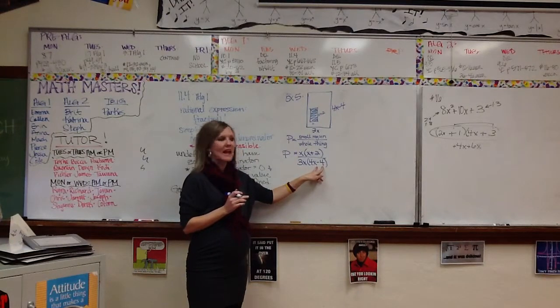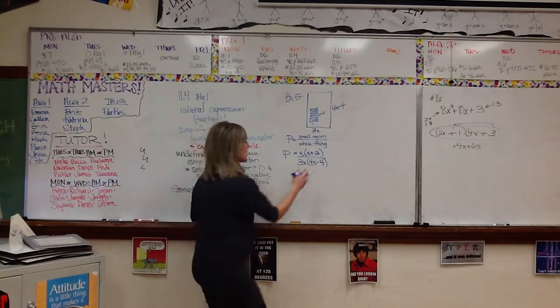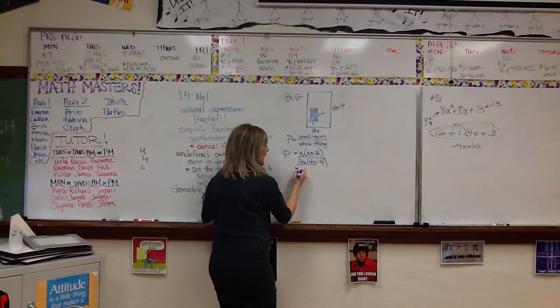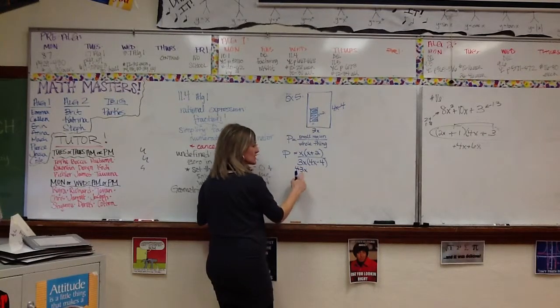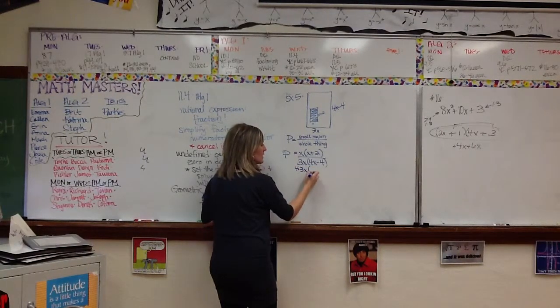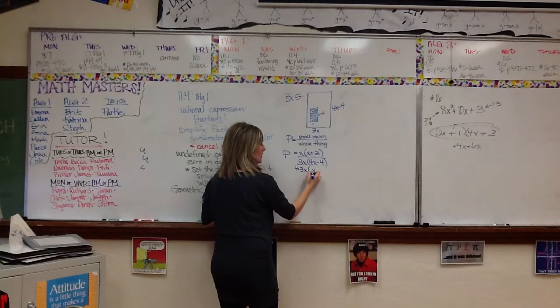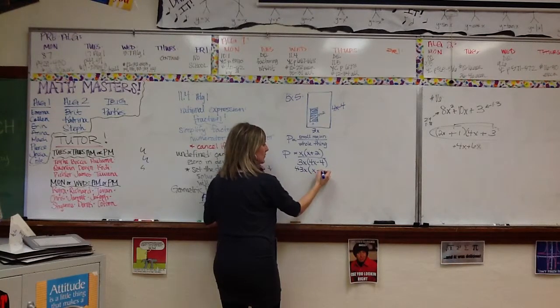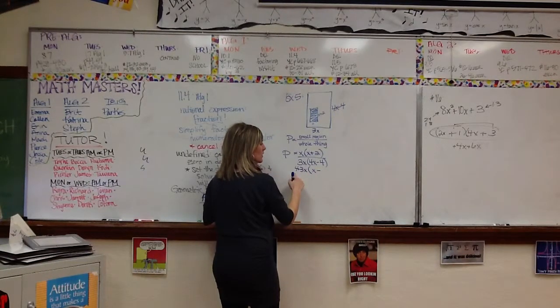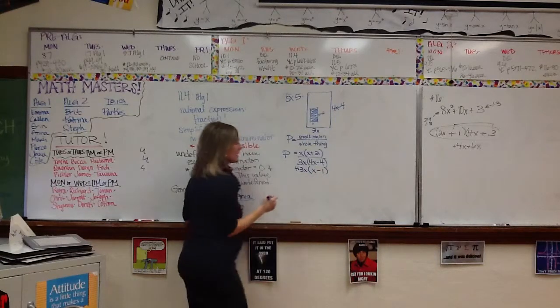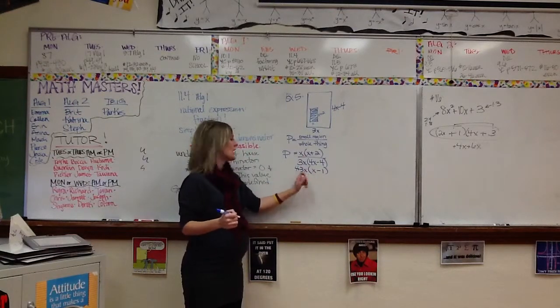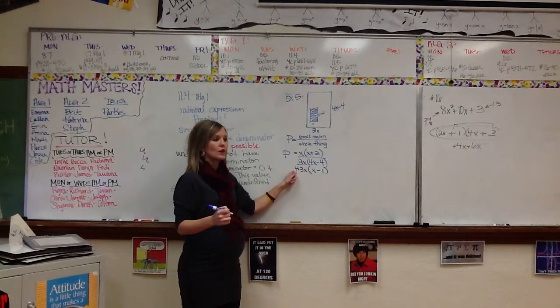Can I take anything out? I can take a 4 out front. I still have this 3x here. What's left if I divide this by 4? X minus 1. Notice I left the 3x alone. I took the 4 all the way out front.